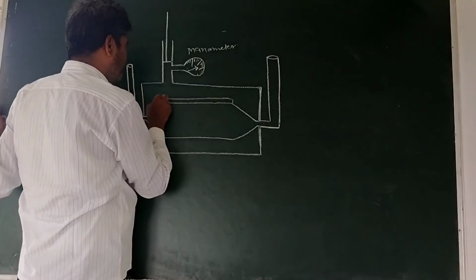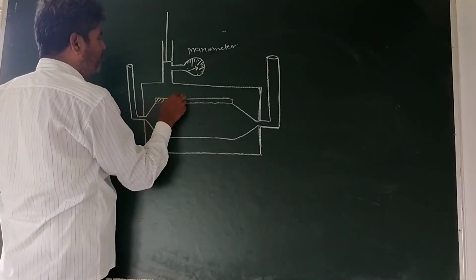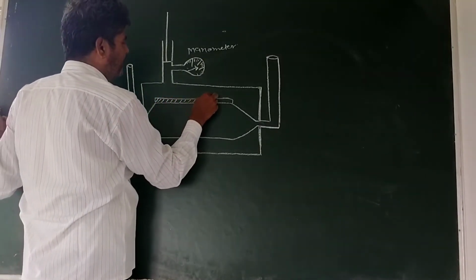This is the semi-permeable membrane that is built up by potassium ferrocyanide.